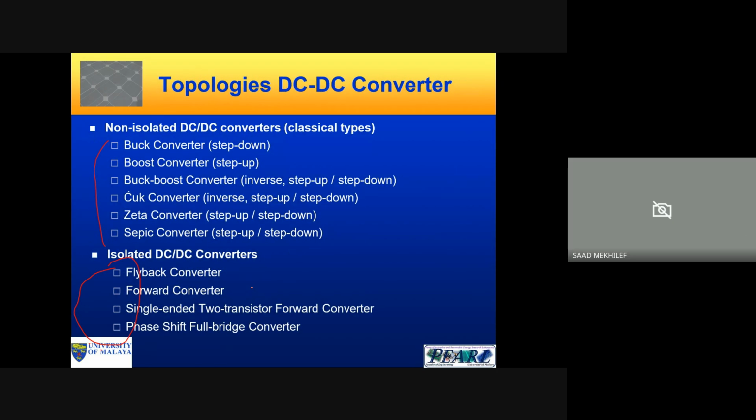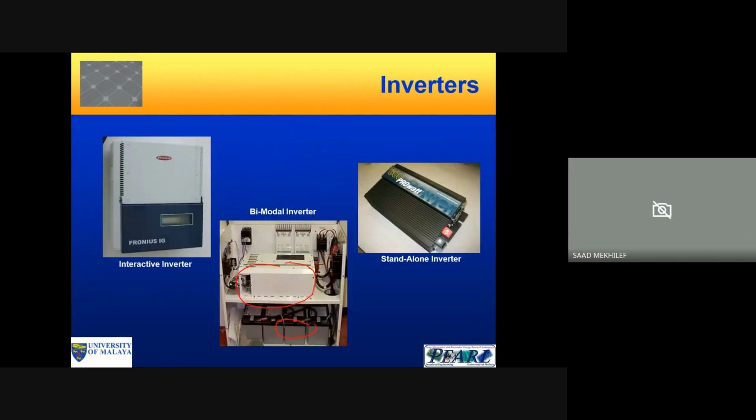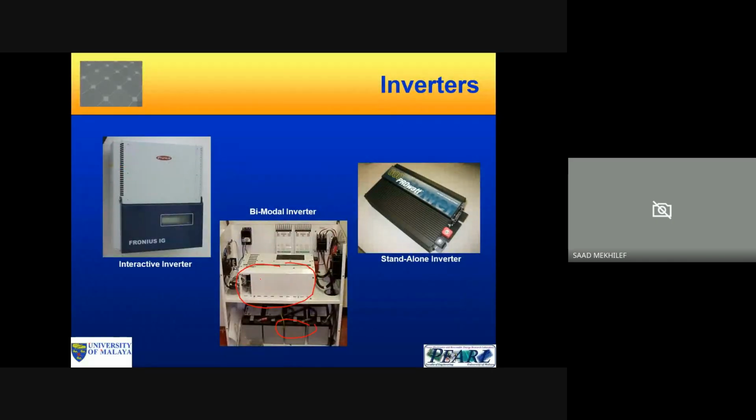Let me go back to the inverter, actually. The question is, how do we select the inverter? For example, if I have a 1 kilowatt peak PV system, what will be the rating of the inverter?